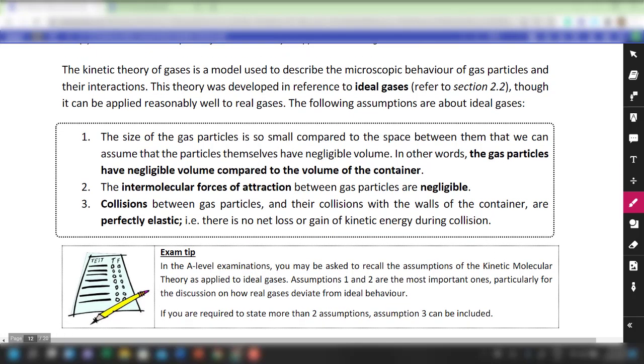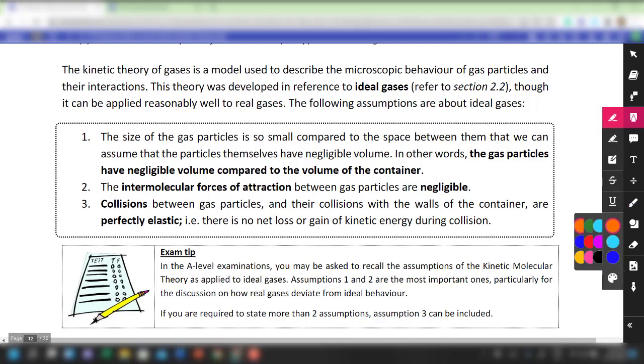The first assumption is that because the gas particles have almost negligible size, the sum of all the gas particles, their total volume, is actually negligible as compared to the volume of the container. This is quite a popular assumption which you need to be aware of.